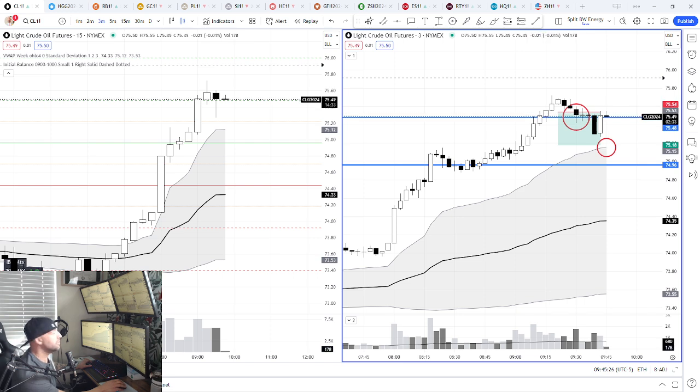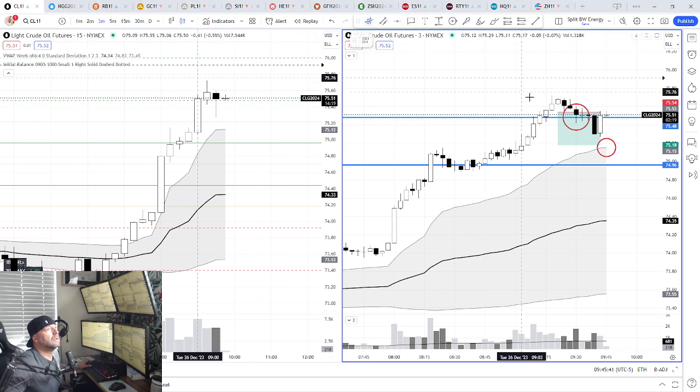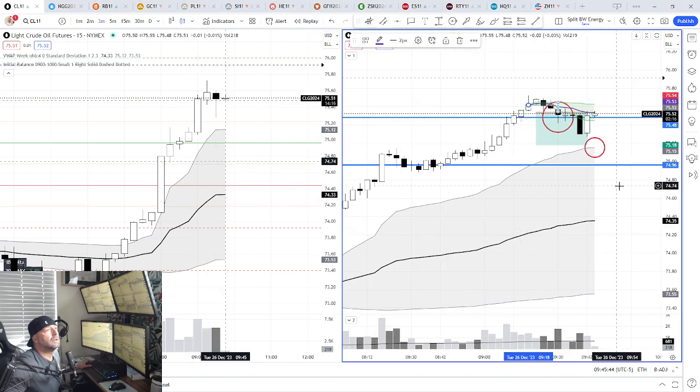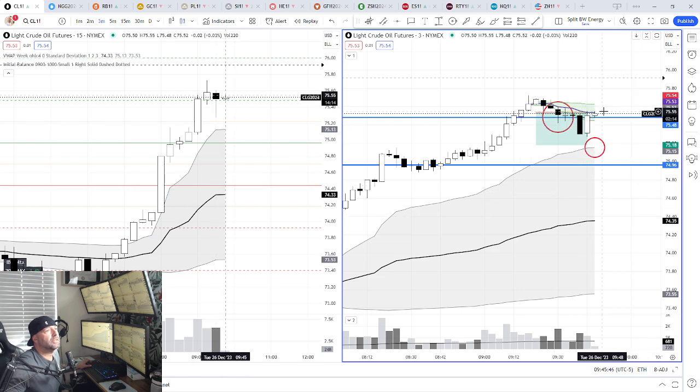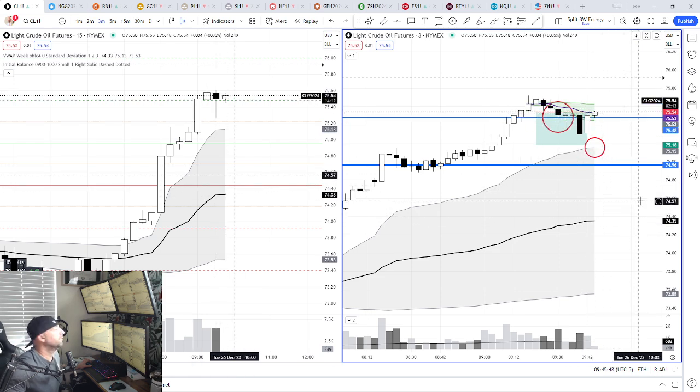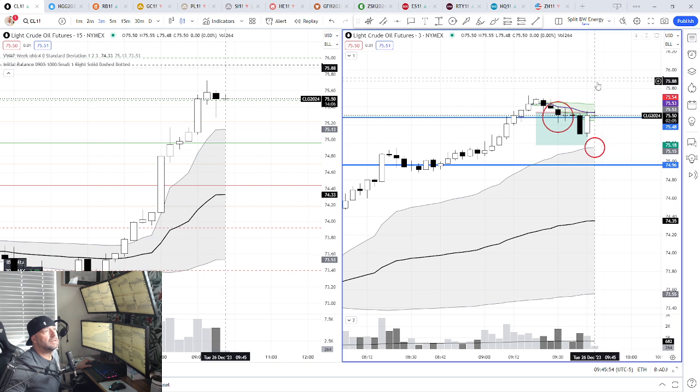Is this the re-short or is this the long? Got to break above this 53 level. It's the anchor VWAP from the high.